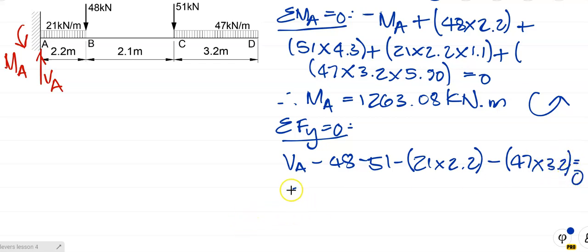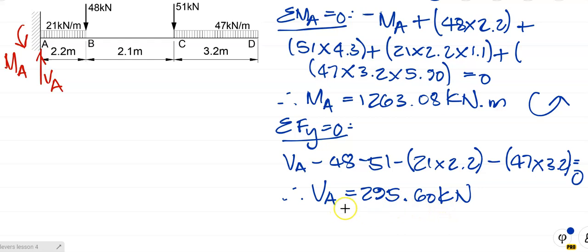Therefore VA: check your answer, and only proceed until you get the same answer as mine. I got 295.60 kilonewtons. You should have gotten the same. Kilonewton meters, kilonewtons, it's not the same thing.